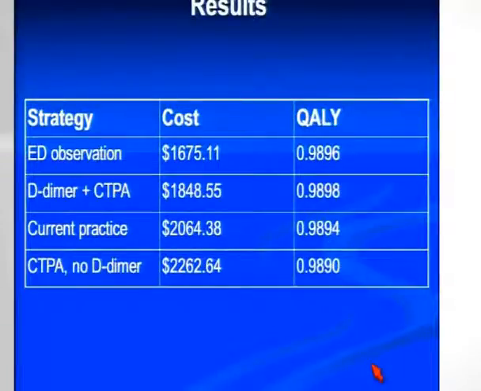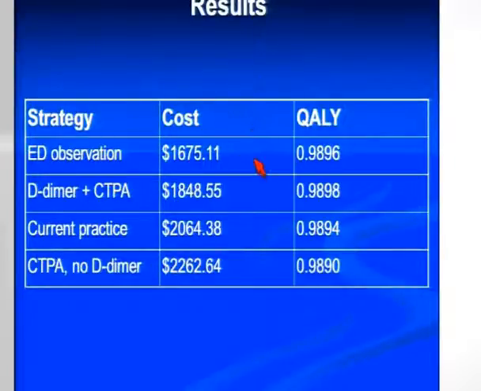So looking at the results, when you plug in all that data, we have our four strategies, the cost for each of those strategies per patient, and the quality measures for those. First I'd like to point out the quality measures show that there's no difference between the patient quality of life outcomes between these four different strategies. The differences come in the cost.